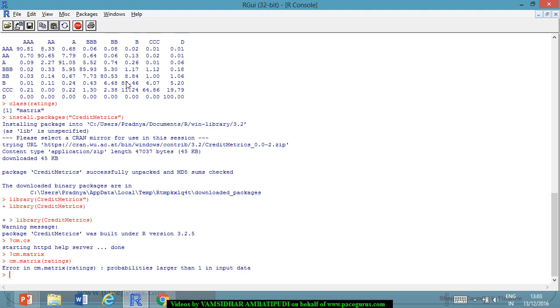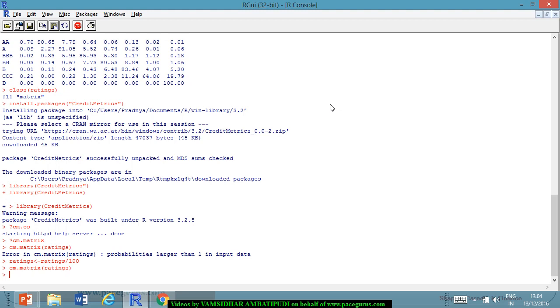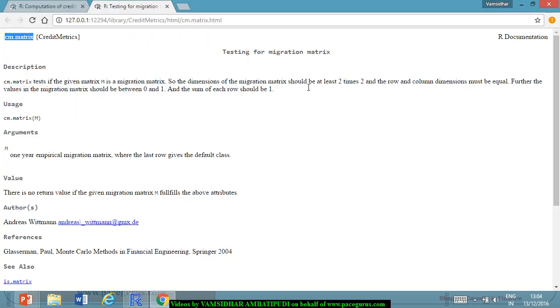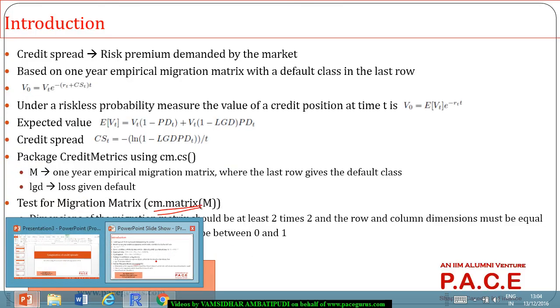So let me do one more thing. I'll divide each of these ratings numbers by 100. Now if I test with cm.matrix, no error comes out. If no error is coming out, it means it's a migration matrix. So I am able to check whether it is a migration matrix or not.